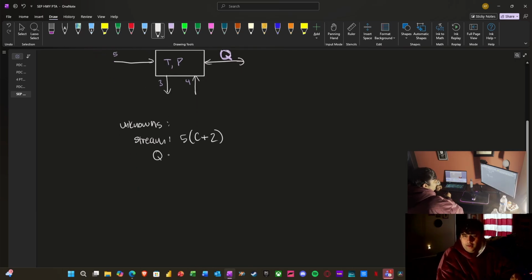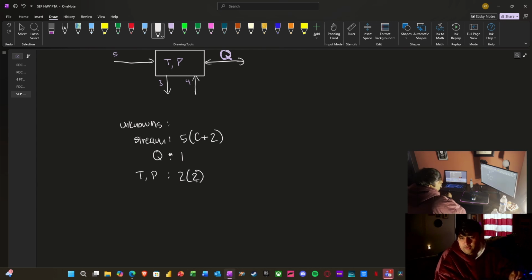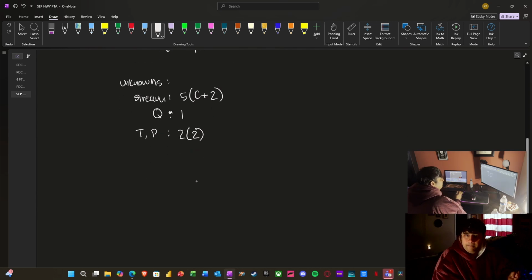We're going to take an account for our heat exchange, which is just 1, and then our temperature and pressure, which we'll do 2 times 2 because this is taking account for temperature and pressure, and then we have 2 outgoing streams.